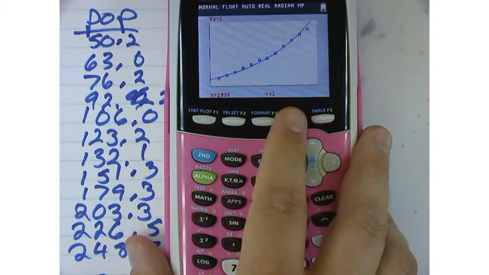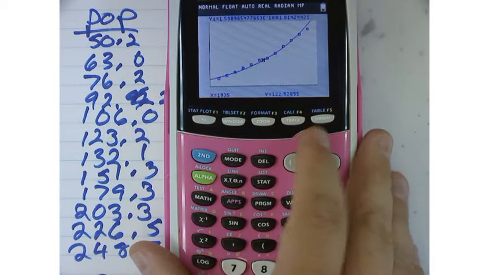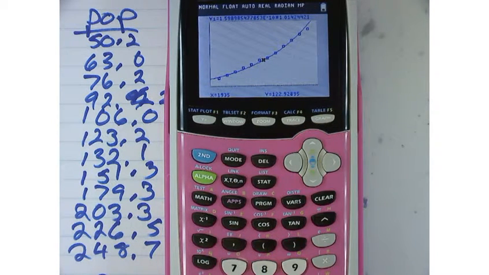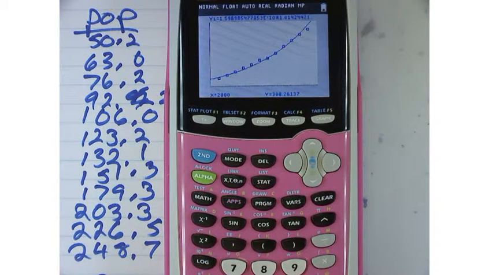I want to make sure I'm on the right graph. I don't want to be on that graph. I want it to be this crazy graph. And if I enter in 2000, it says about 308 million. Wait, 308.2. I'm at trace and it's not letting me.